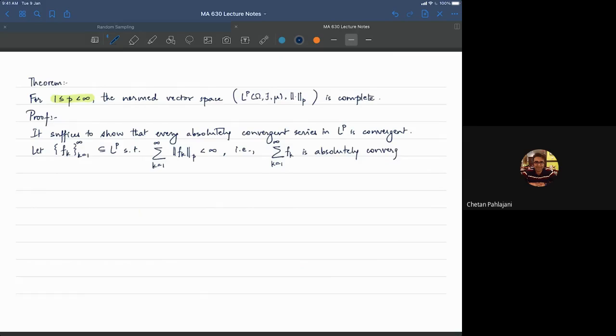A series is absolutely convergent if, whenever you take the norm of all the summands and add up the resulting numbers, you get something finite.